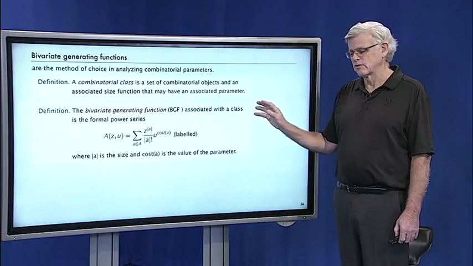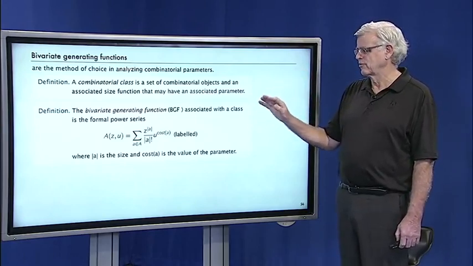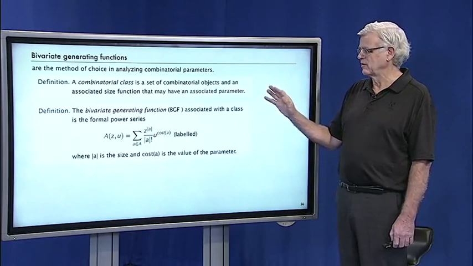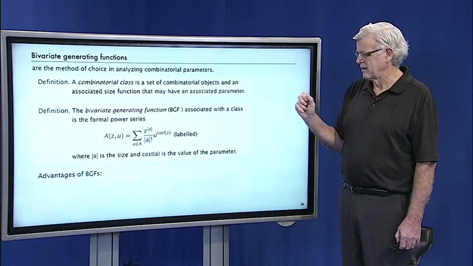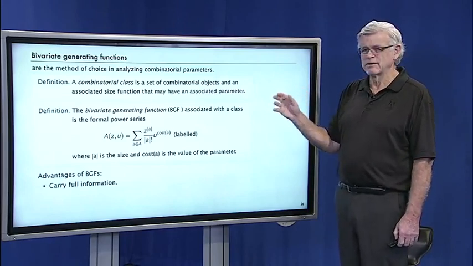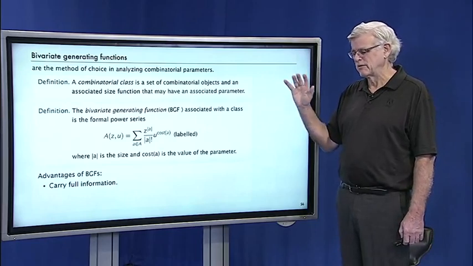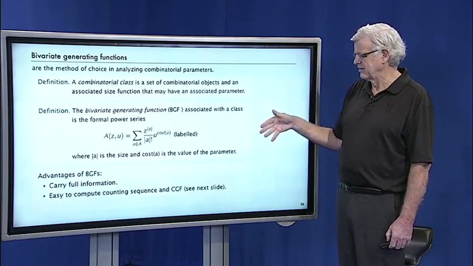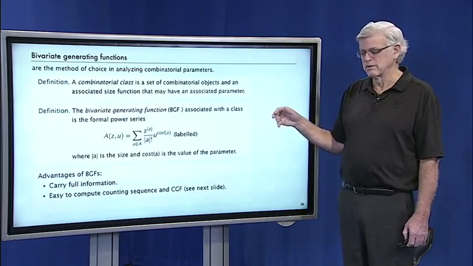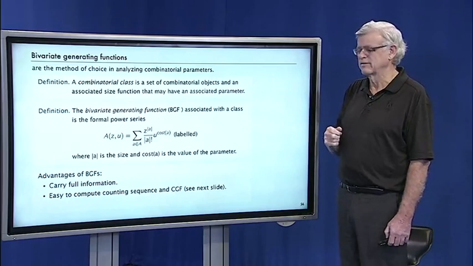Now the idea is that those constructions that we gave are going to work just as well to give us formulas that these bivariate generating functions have to satisfy. And not only that, the bivariate generating function really does carry full information about the association between size and cost. And again, it's pretty much as easy to compute as the CGF, and we'll look at those computations next.